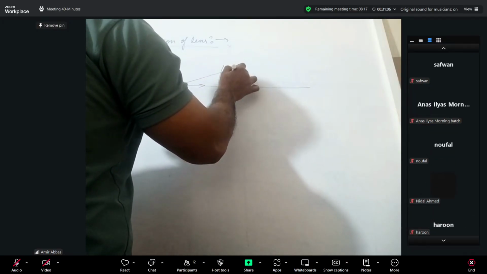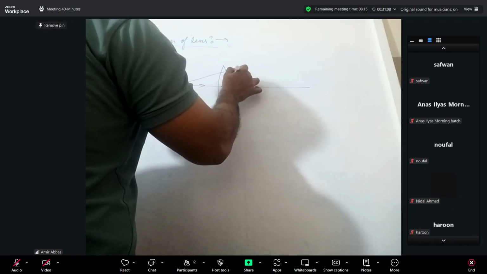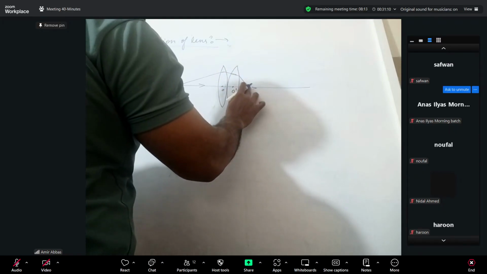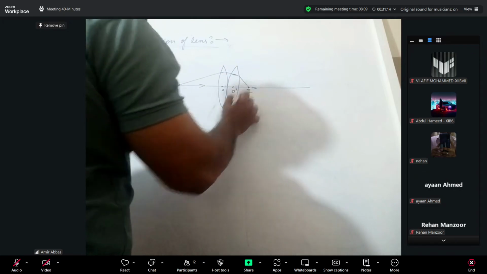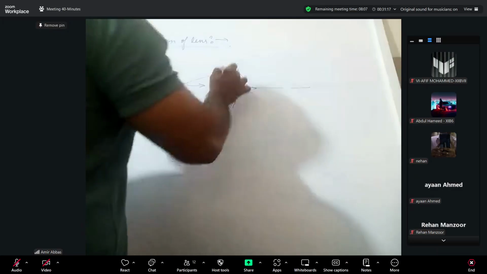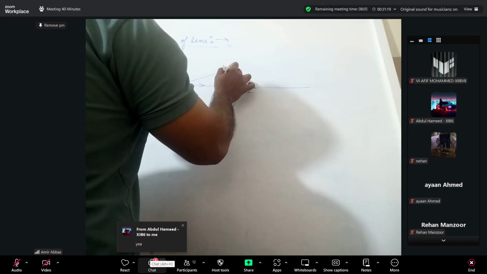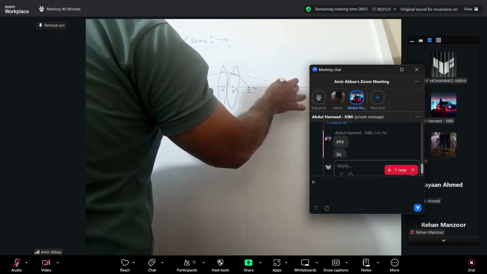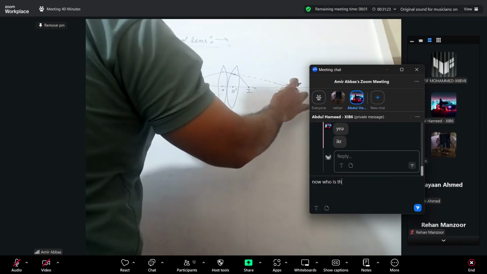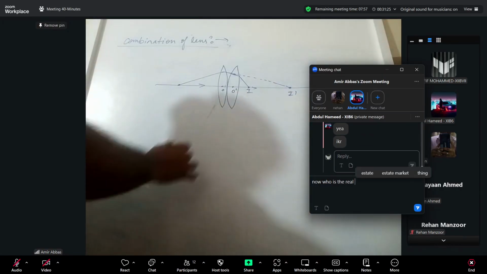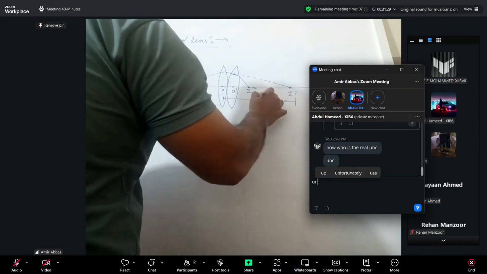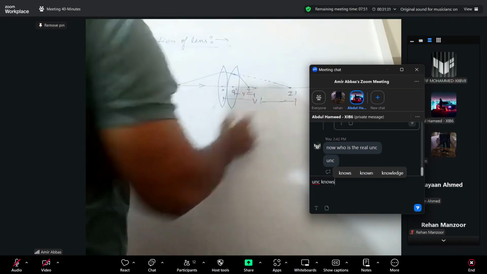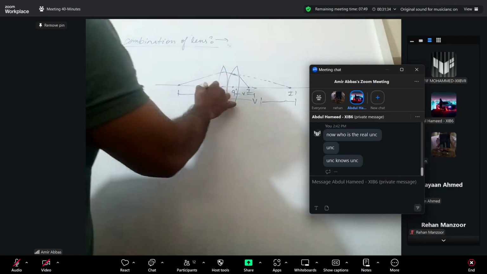At this point it bends somewhat like this, and at this point it bends again, and the final image gets formed. If this was not the case, the image due to the first lens would form at this point, let us say I dash, which is V dash, and this is V, and this is U.